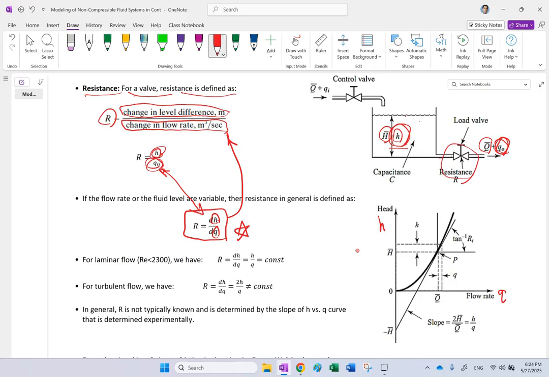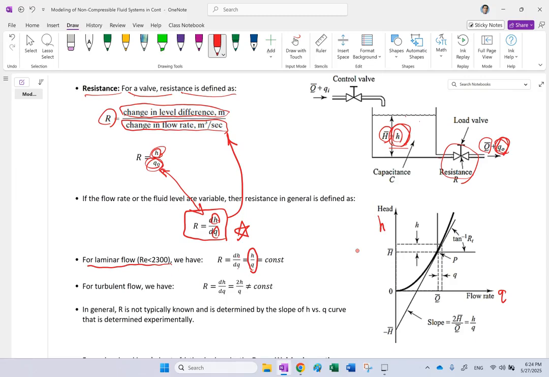But if there is a laminar flow where the Reynolds number is less than 2300, we can see that H versus Q, the derivative of that is simply going to be H over Q, basically.